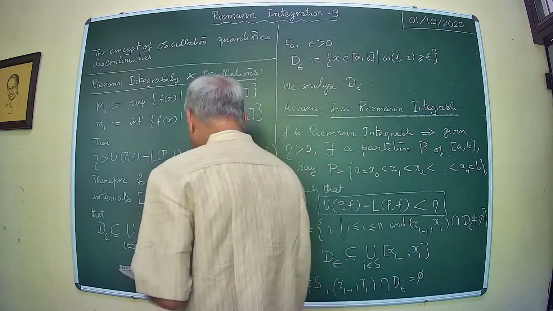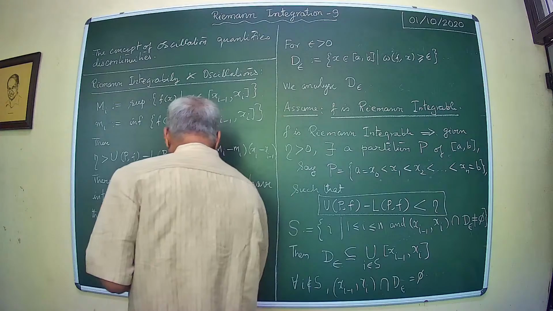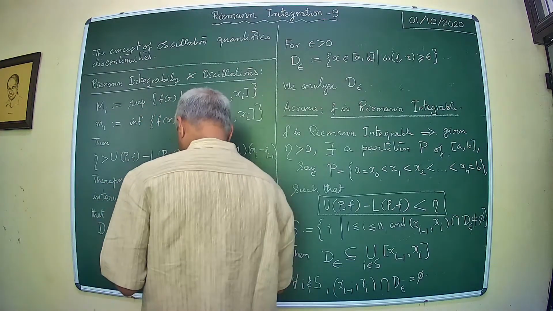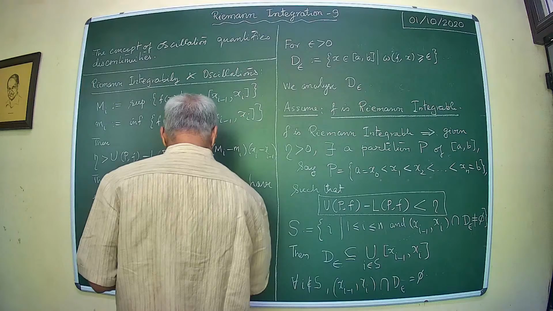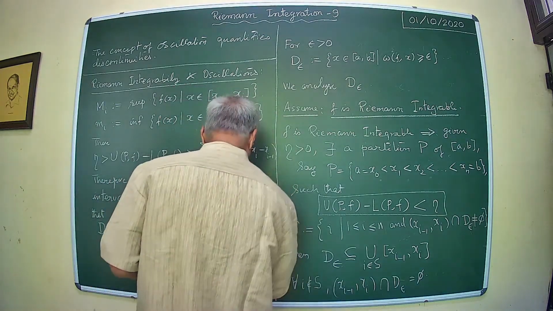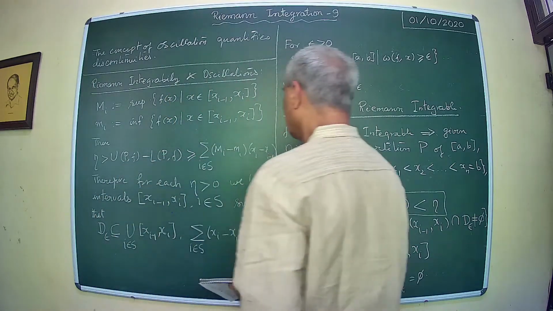You get the sum over i belonging to S of the lengths is less than eta by something. So what happens?